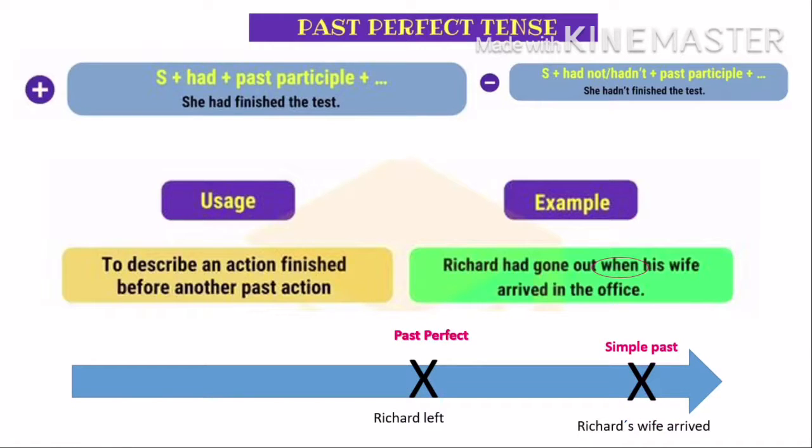We're going to use simple past, but we're going to use past perfect to talk about an action that happened before another past action. Richard had gone, so I'm going to use the structure subject or pronoun, Richard, had as an auxiliary, and gone, the verb in past participle.